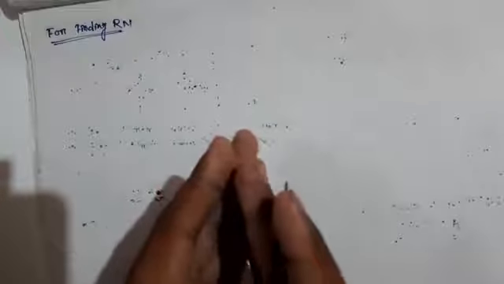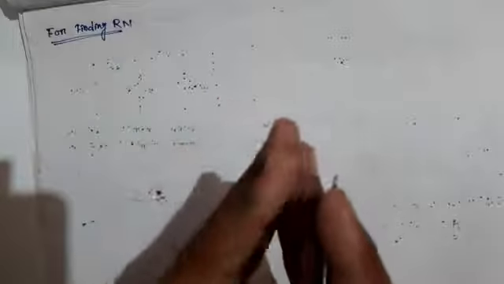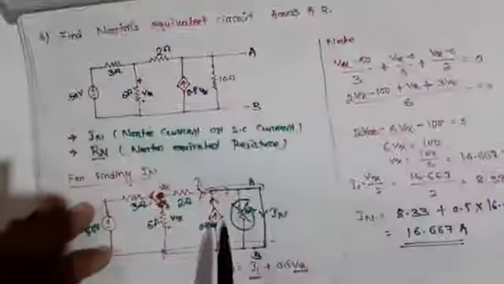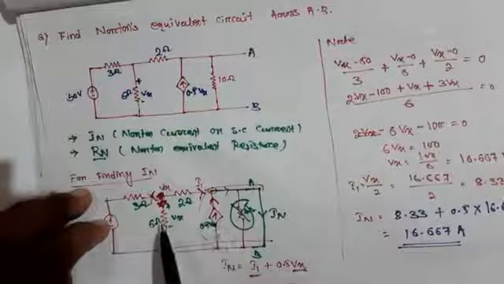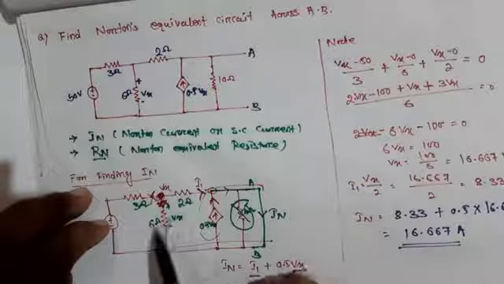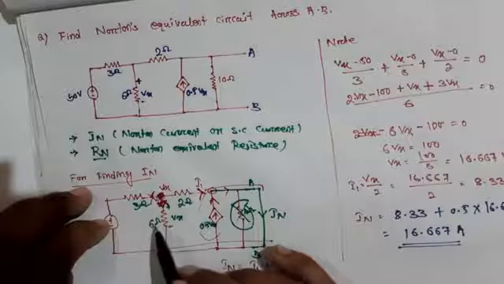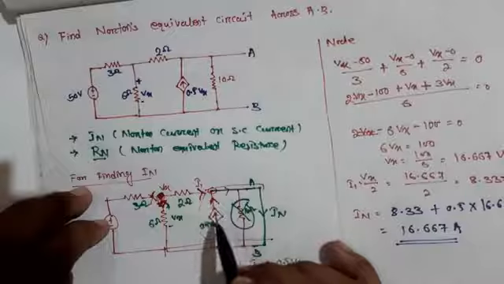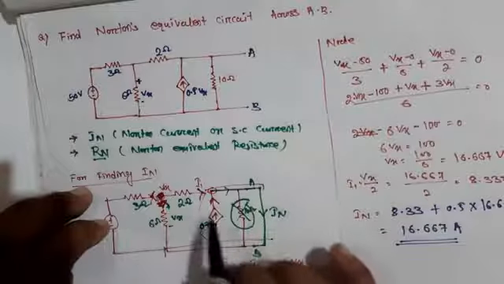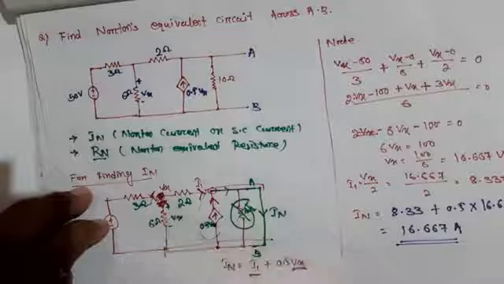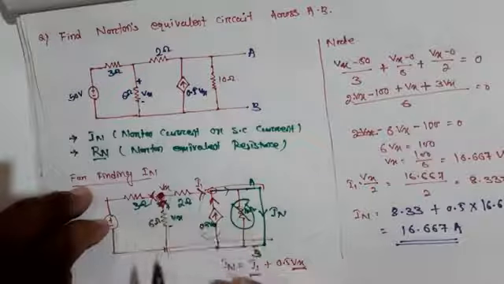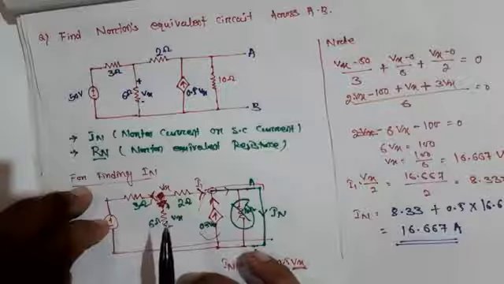But in this case, where dependent sources are present, we cannot deactivate or kill the dependent source, because if we deactivate this source, we need to change the value of the 6 ohm. When the value of the 6 ohm changes, it will be affected, so we cannot affect the dependent source in any theorem. So we need a different approach.